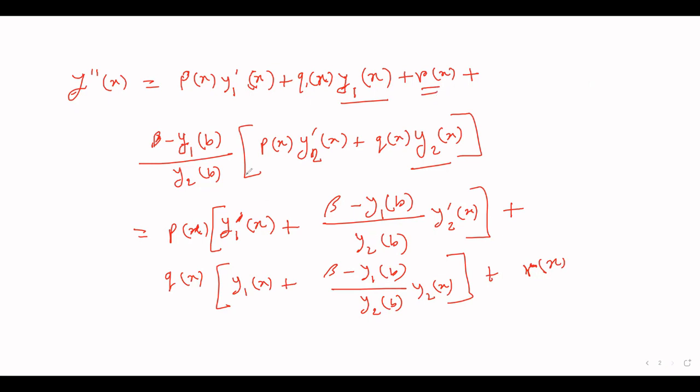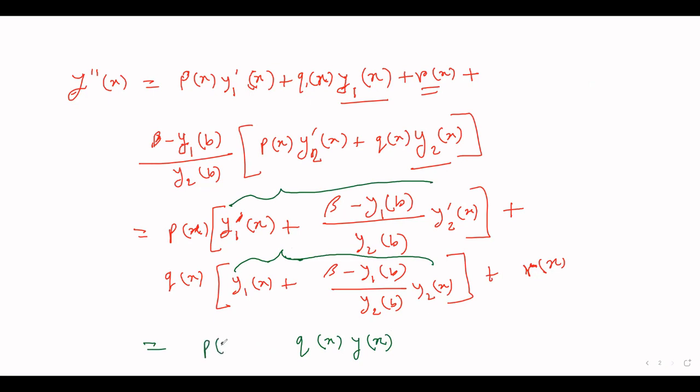Now, you can clearly see that this is the exact expression of y of x in the formula. So the coefficient of q of x is simply y of x. And this is just the derivative of that function, so this is just p of x times y prime x.